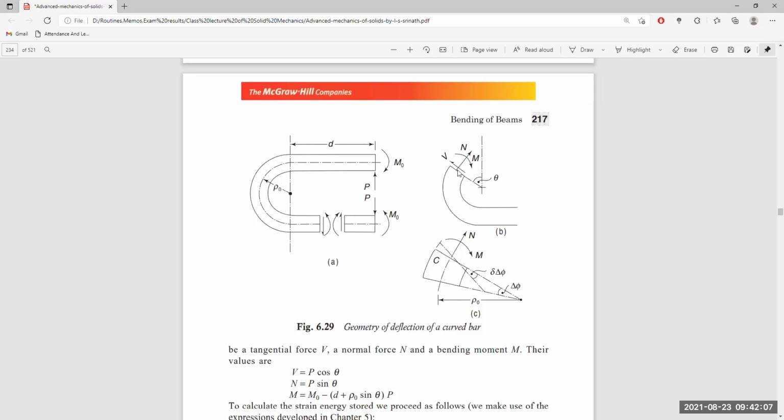The vertical distance will be from here to here. This is rho0, the distance of the central axis, the centroid, from the center of curvature, so rho0 times sin theta is the distance, that is P times rho0 sin theta.